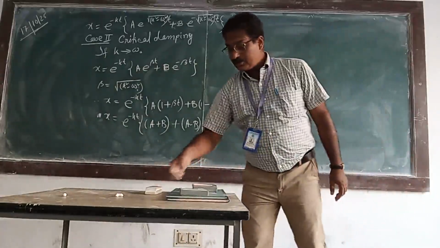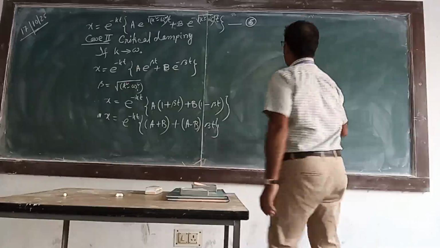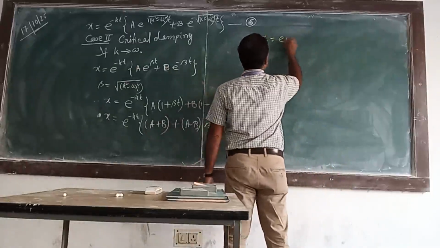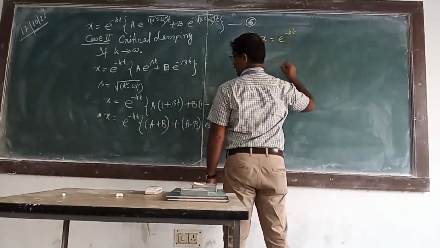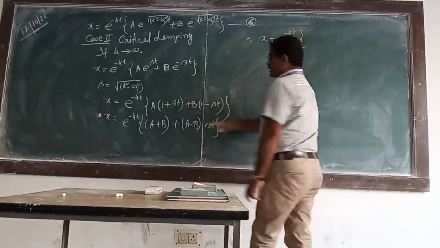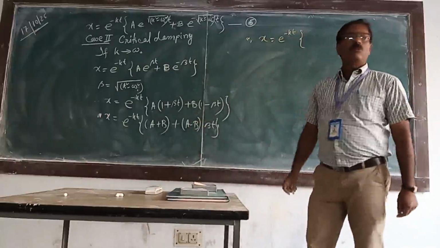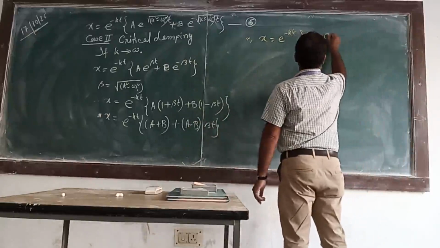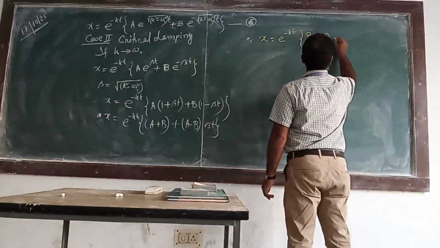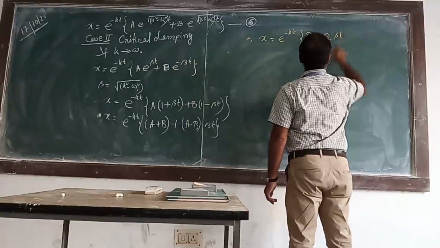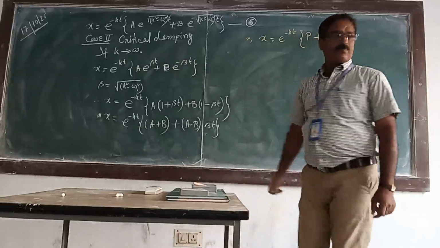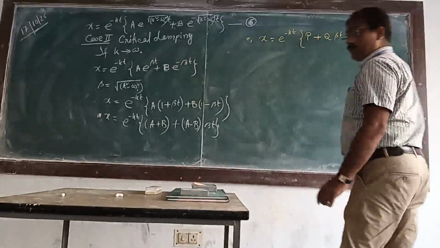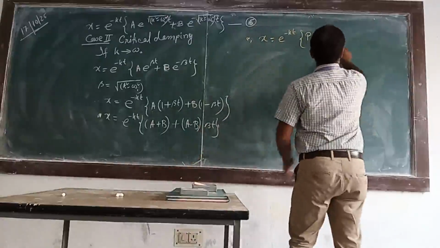Or x equals e to the power minus kt into (a plus b), which is another constant; we take it as p, and plus (a minus b) beta, which equals q, into t, because beta is also a constant.